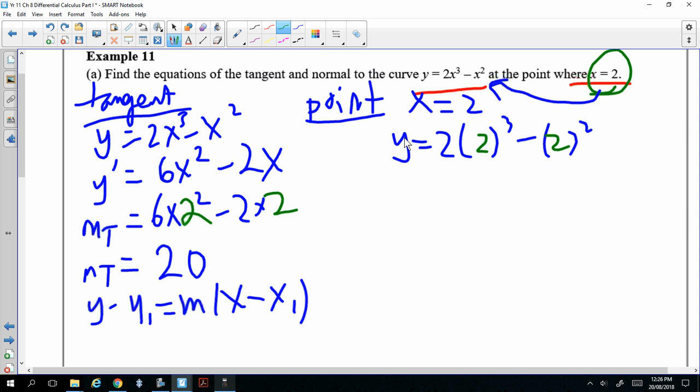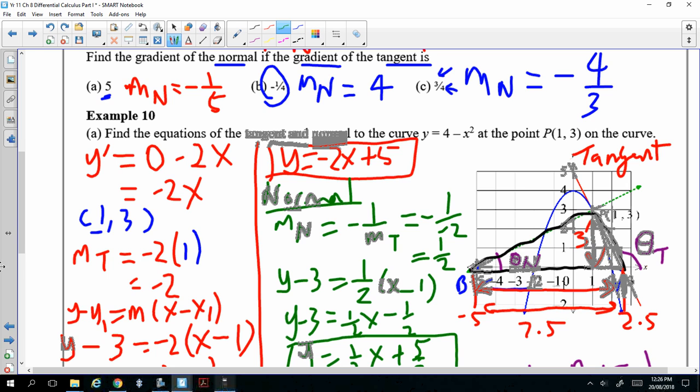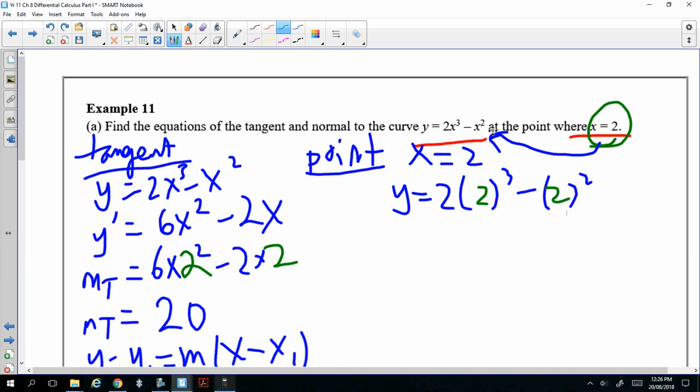See the one before, I gave you the point. This time, I don't give you the point, I only give you the x. So how do I get the point? You substitute 2 back into the original to get the point.